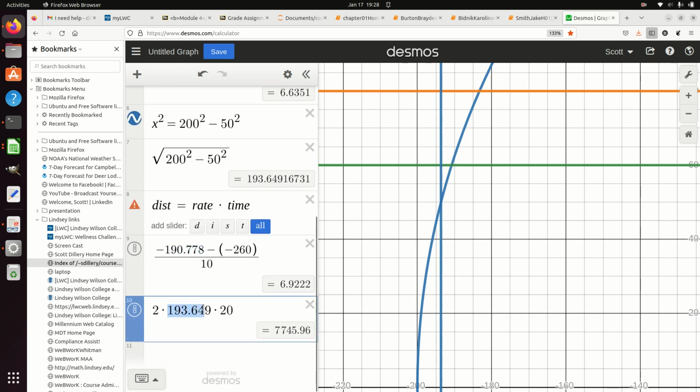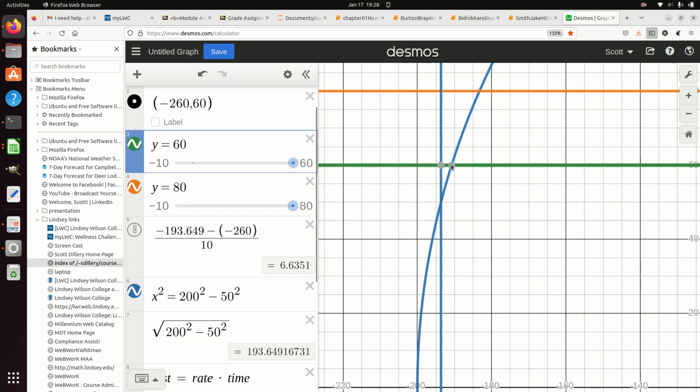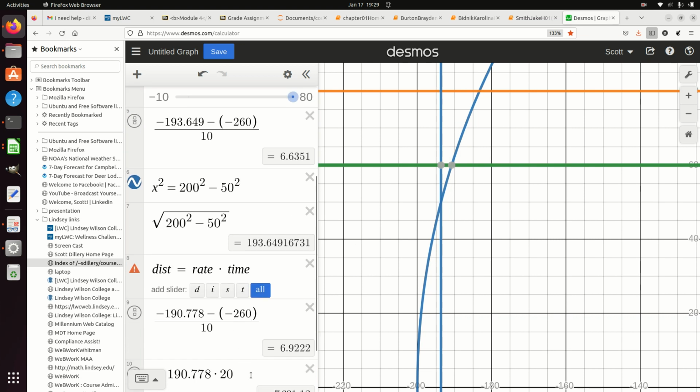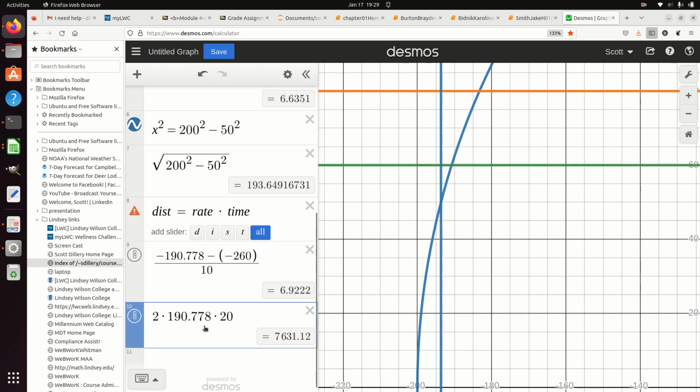So I'll put that 190 in here, and that was from here up, so that should be the biggest answer. So the lower level of the combine, 7631.